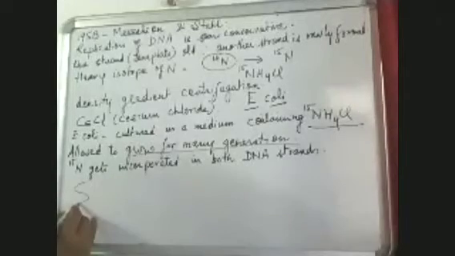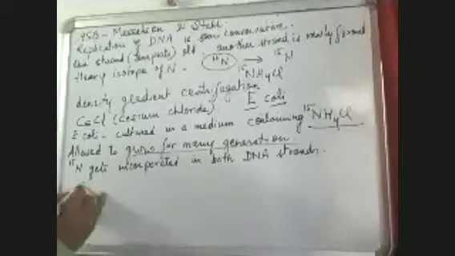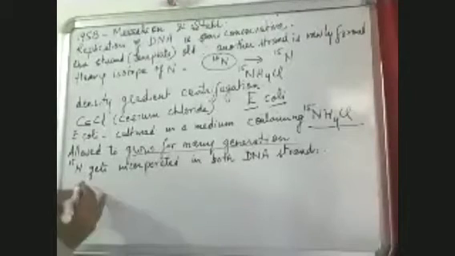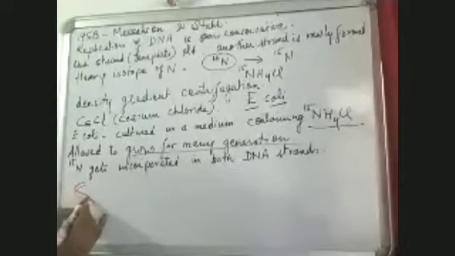So finally, what type of DNA did we get? We got a DNA for which I'm using the red color to show that N15 has been incorporated. So if you see, I have used the red color. N15 has got incorporated. So what do we have here?